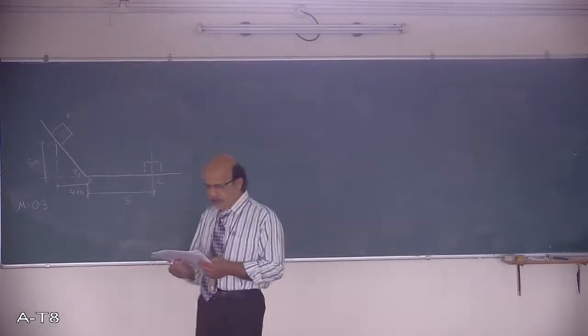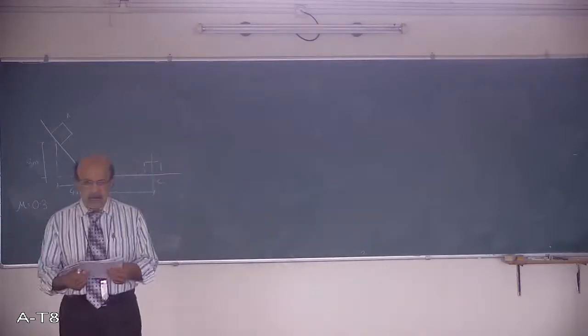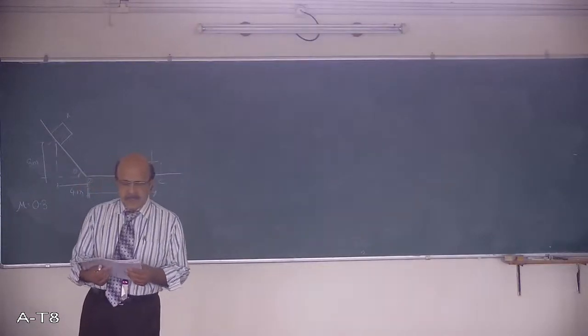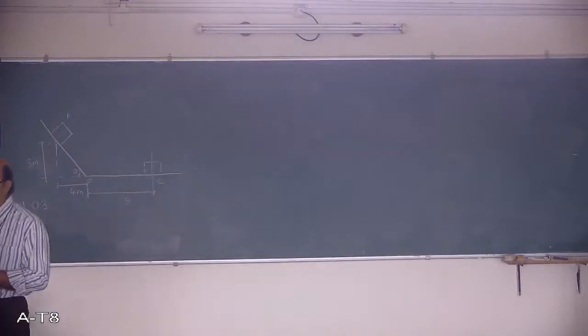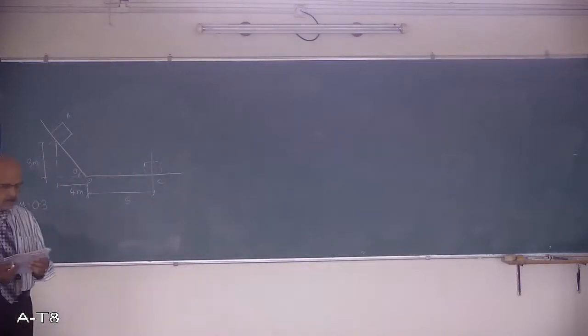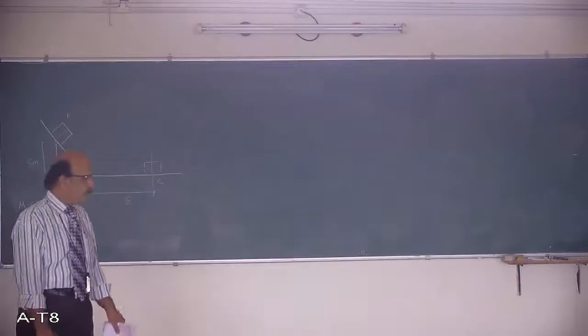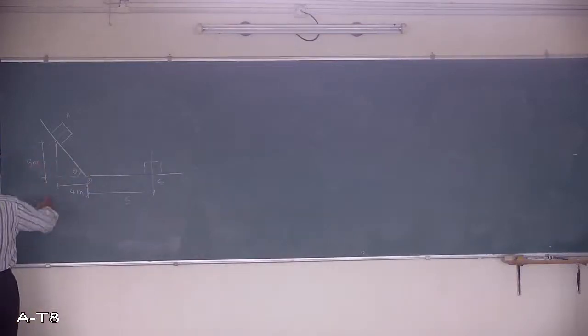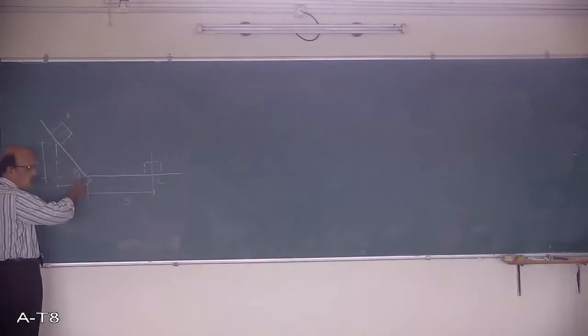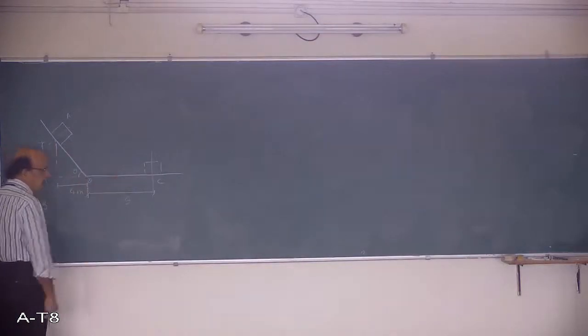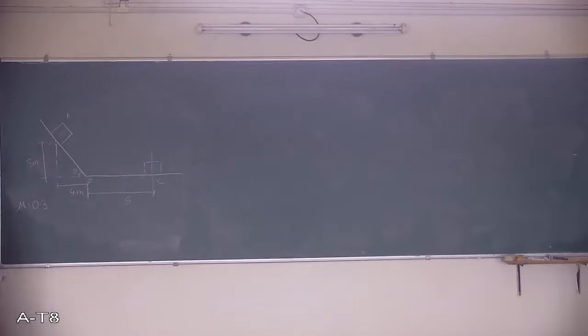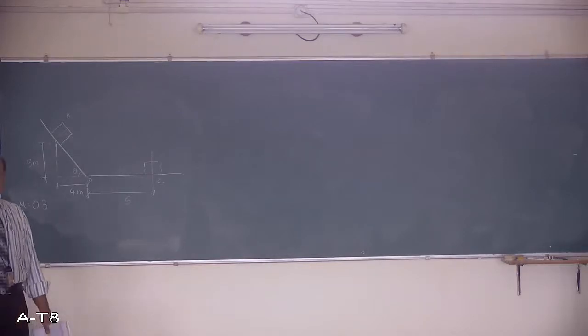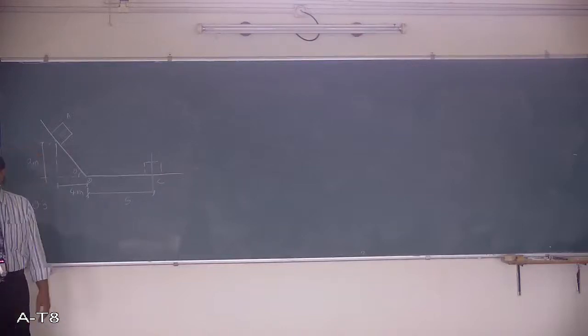That is, whatever velocity it achieves at the point B by sliding down here, the same velocity will continue, and you can consider it as the initial velocity for BC, where it travels and stops. So the important thing is we are required to work out the distance S.